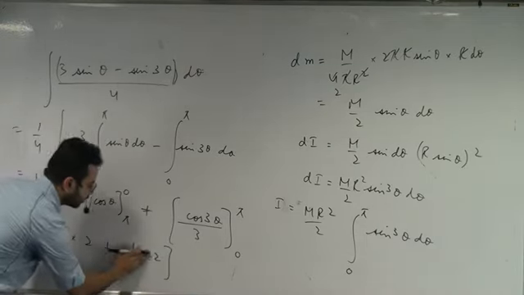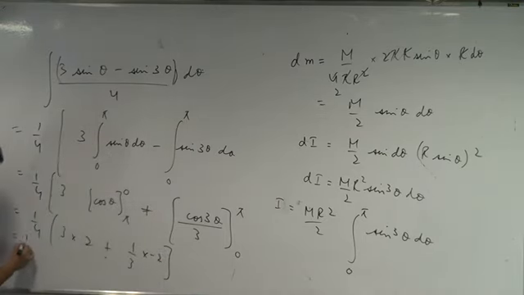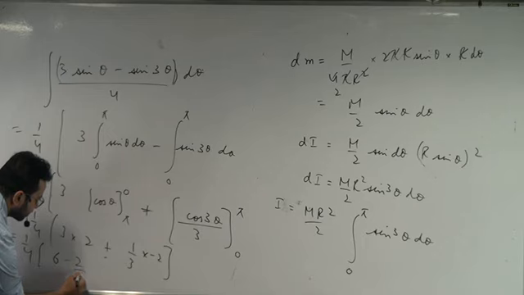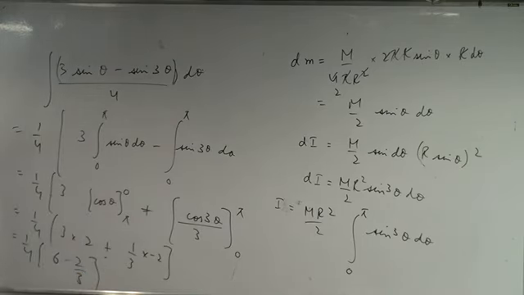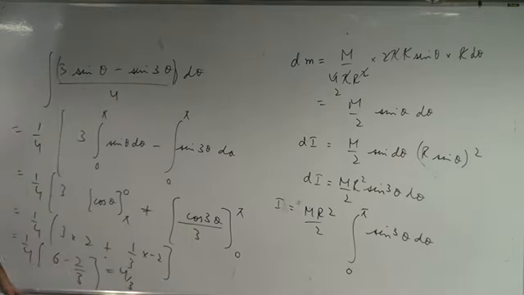So 1/3 into -2. So what does this come out to be? This comes out to be 1/4 into 6 minus 2/3. So how much is that? That is 18 minus 2, 16, 4/3. 4/3. So that comes out to be 4/3.